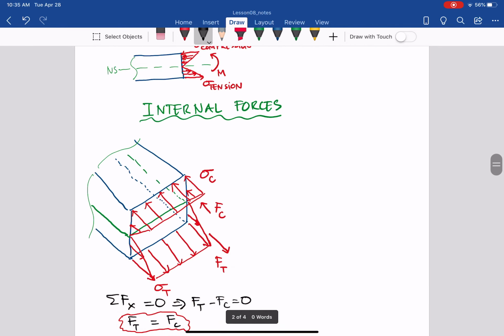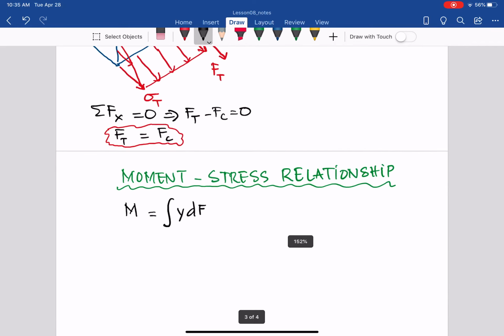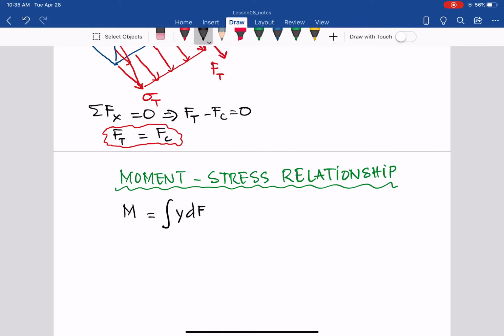So what do I have? Throughout the cross section, area A, at any random y, the position y from the neutral surface to the point that we are talking about, times the force, and as you recall, the force is equal to the normal stress, sigma y, times the area at that point, delta A.